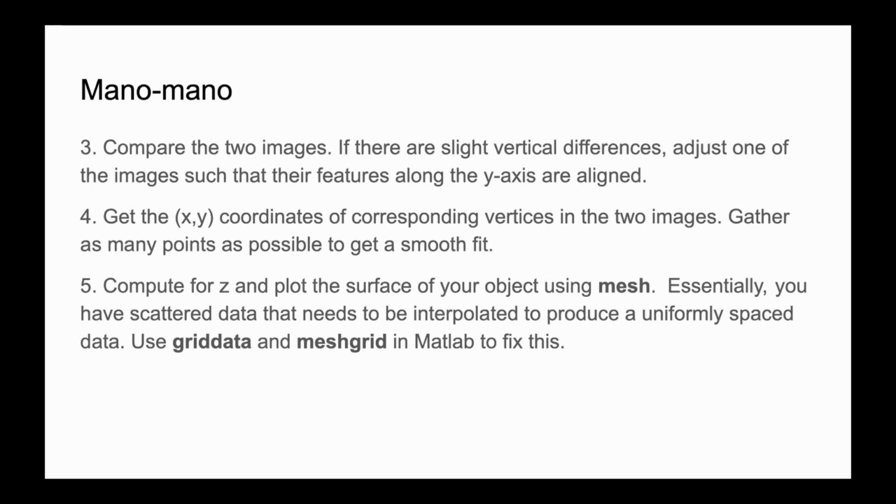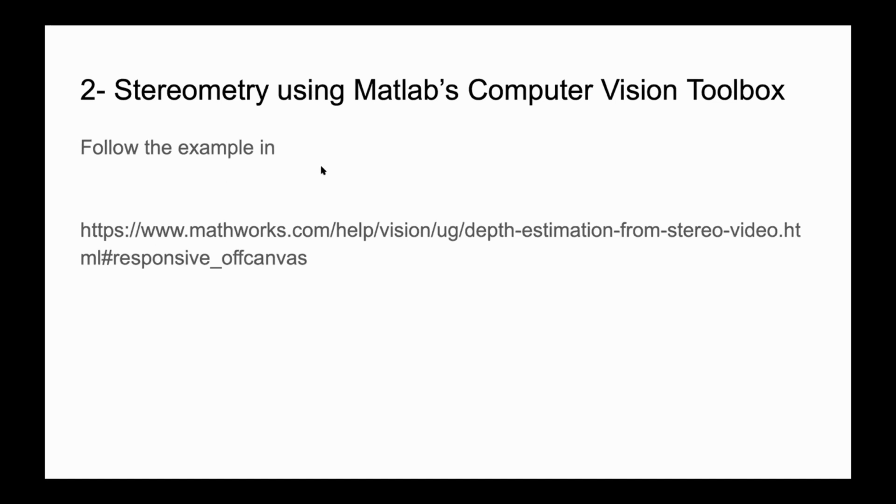Okay? So, ano naman yung second way? Alam nyo ba, itong stereometry, meron na yan app sa computer vision toolbox. And so, I suggest try and follow. I think meron na rin silang available data. So, look for it in our MathWorks. It's a computer vision toolbox thing, right? So, may example doon.